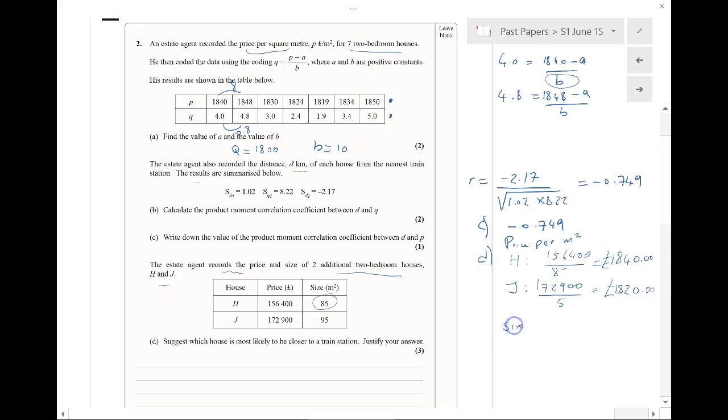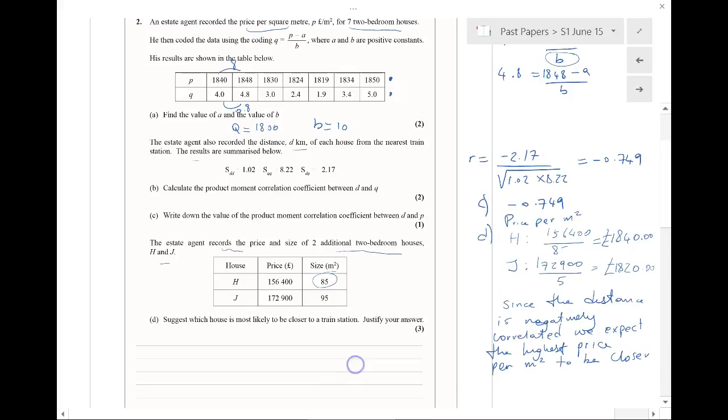So since distance is negatively correlated, we would expect the highest price per square meter to be closer to the train station.